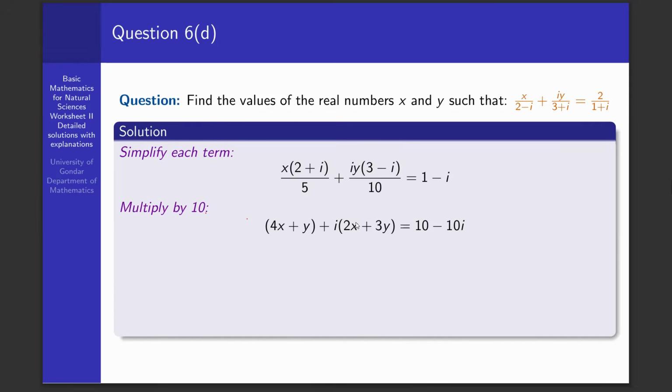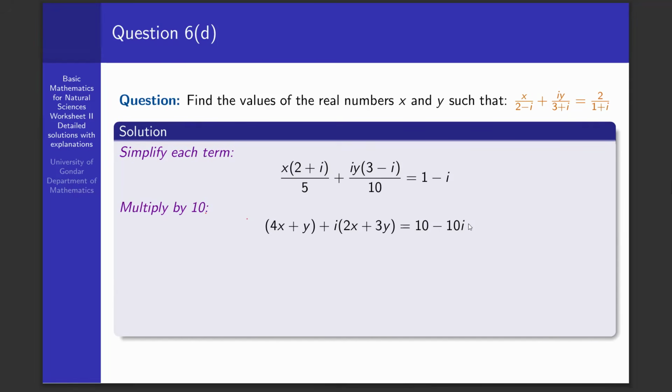After multiplying, we take the real parts together and the imaginary parts together: 4x plus y is the real part of this expression on the left of the equality sign, and 2x plus 3y times i is the imaginary part. And on the right, if we multiply both sides by 10, we have 10 minus 10i.